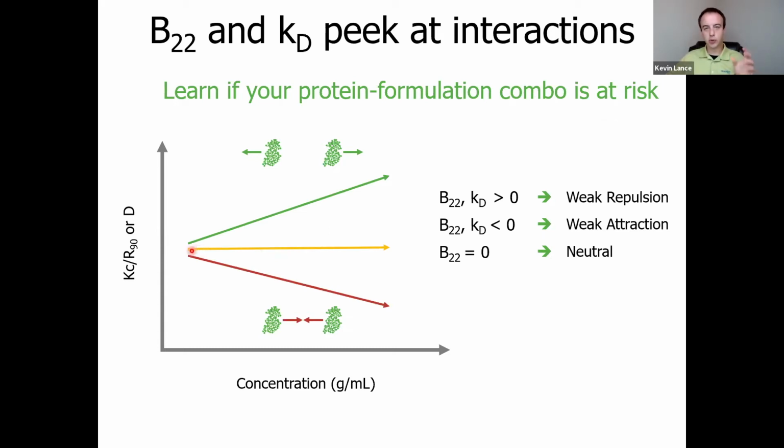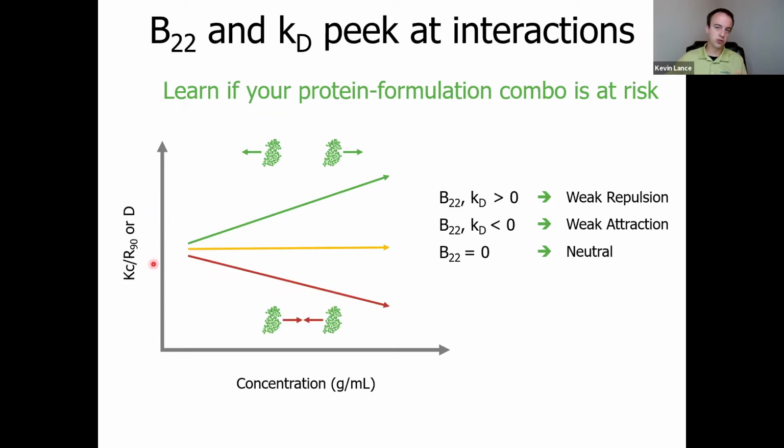If we put more and more protein in the sample, and our proteins have attractive interactions between themselves, that increased frequency of interaction will show up as a decreasing line here, which indicates attractive interactions. In the case of KD, we're measuring the diffusion coefficient, so things seem to slow down as we increase the concentration.